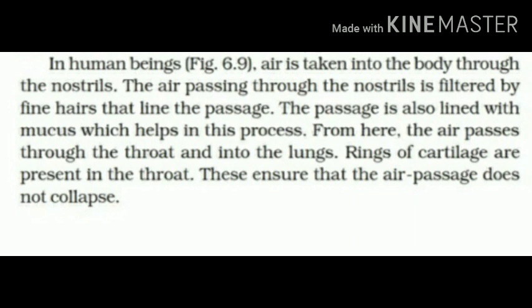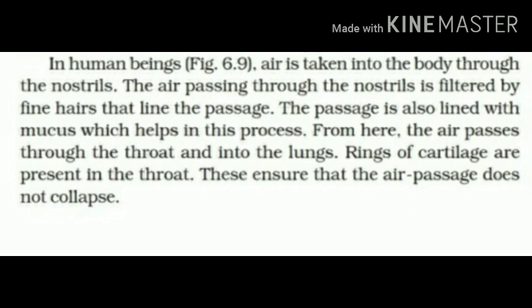The air passing through the nostrils is filtered by fine hairs that are present inside the passage. The passage is also lined with mucus, which helps in this process. That's why you are often advised not to breathe through your mouth, because this mucus and the hair present inside the nostrils help in filtering the air that is entering through our nose.